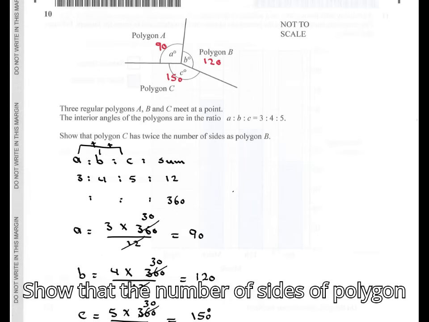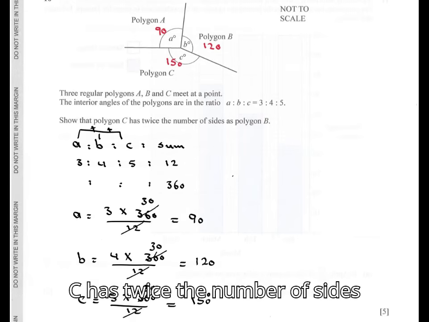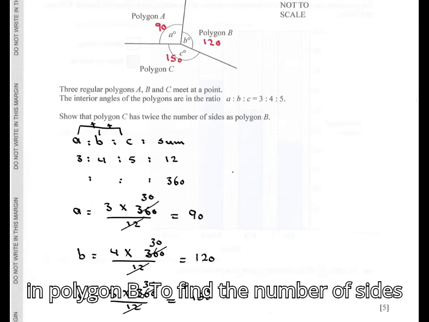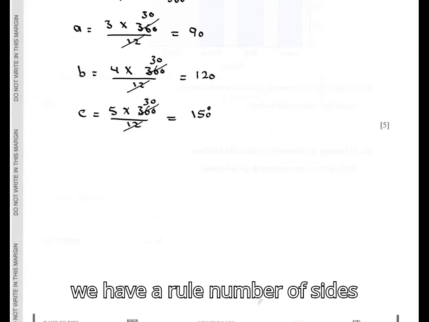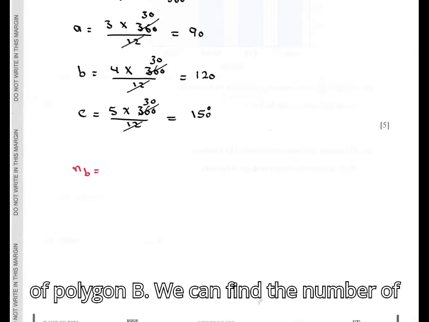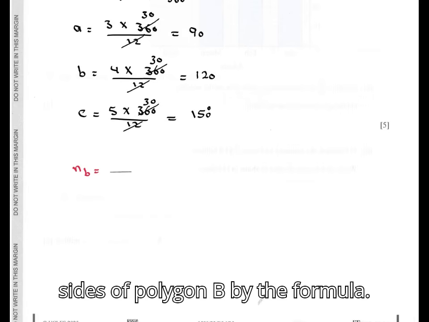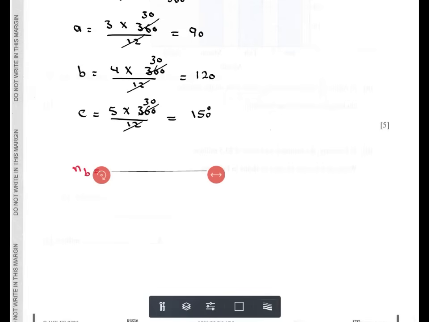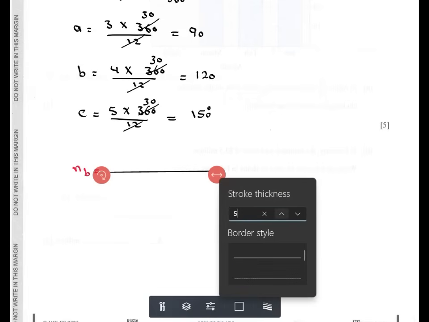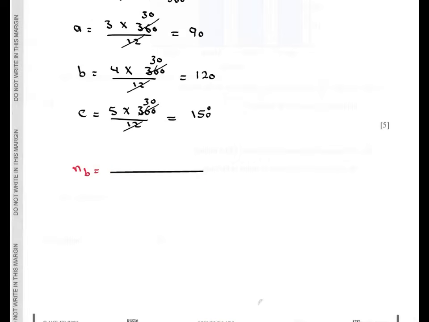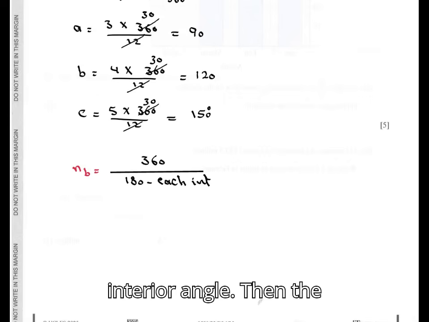Show that polygon C has twice the number of sides of polygon B. To find the number of sides, we have a rule. We can find the number of sides of polygon B by the formula 360 over 180 minus each interior angle.